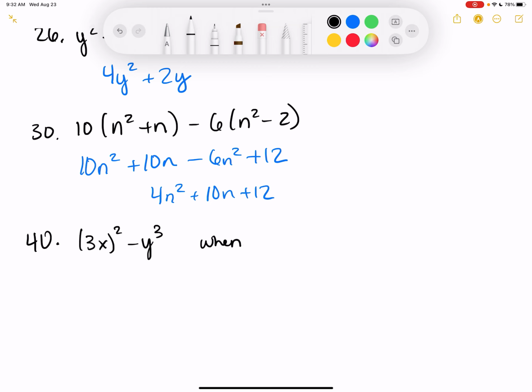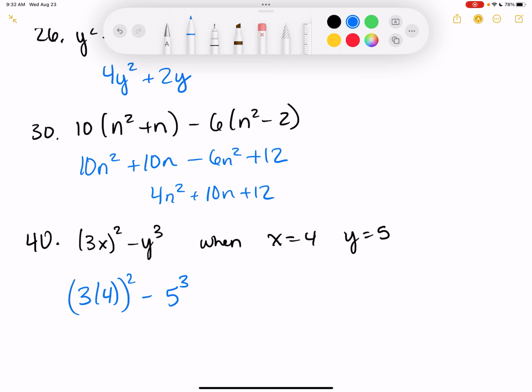And it says it's for when x is equal to 4 and y is equal to 5. So I'm going to do 3 times 4 squared minus 5 cubed.